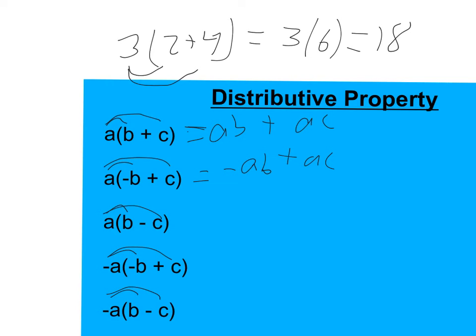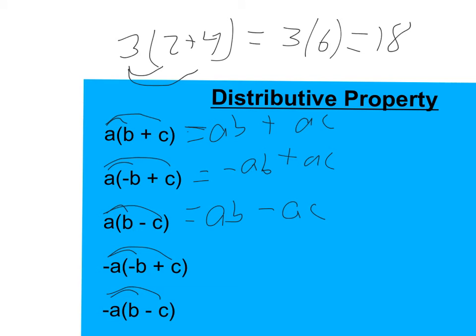In the third one, the negative goes with the C, so this would actually be AB plus a negative AC. And I'll just write it like this, minus AC. Or you could do plus a negative there, would be the same thing.